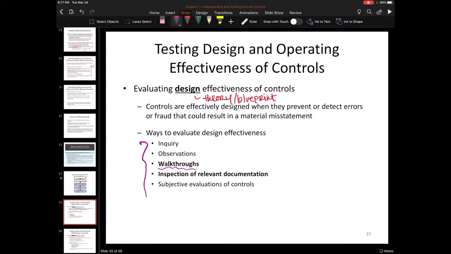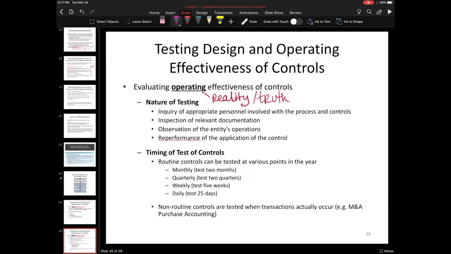So it's really, again, just theoretically, how should this work versus operation. If I want to test operating effectiveness, then I'm trying to test, is it really working in reality, in the real world? So now at this point, I am trying to take a sample of every time this control has operated throughout the year, and I want to randomly test that sample.